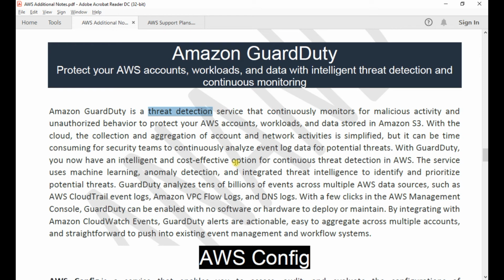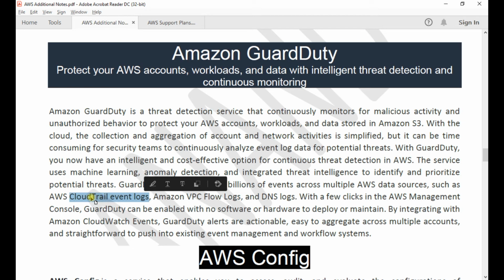So GuardDuty will monitor continuously whatever activities are coming across. Not only does it monitor, it can also restrict the activities, like your antivirus and firewalls. This is also a kind of guard duty. It analyzes various kinds of data, like data coming from CloudTrail, which is also part of our services which we will learn.